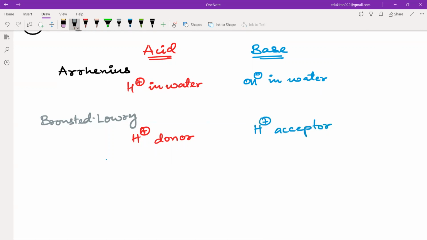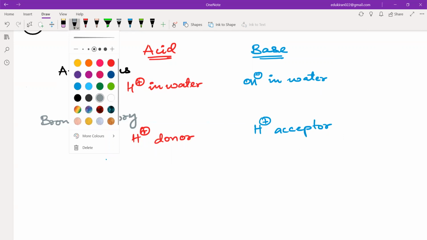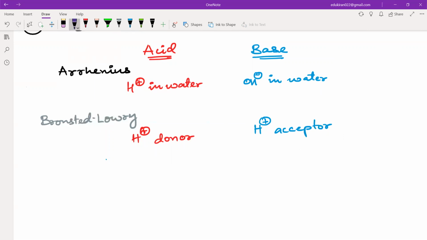Next was Lewis. The Lewis concept said that an acid is an electron pair acceptor, and a base is an electron pair donor.